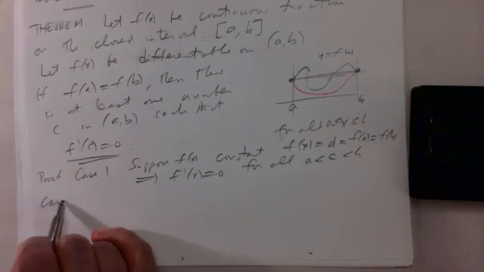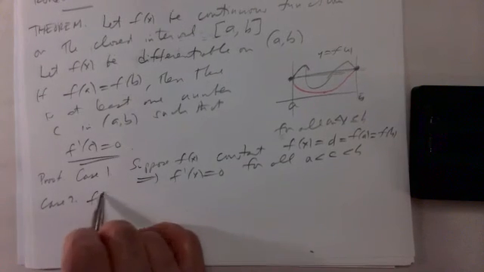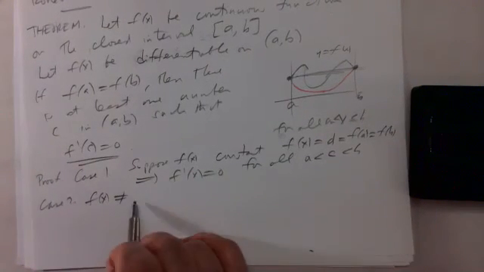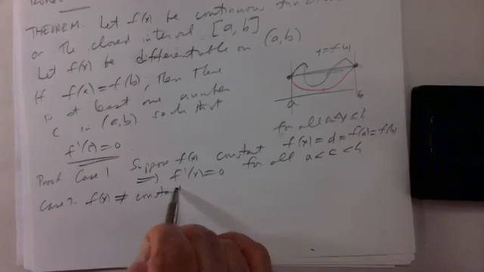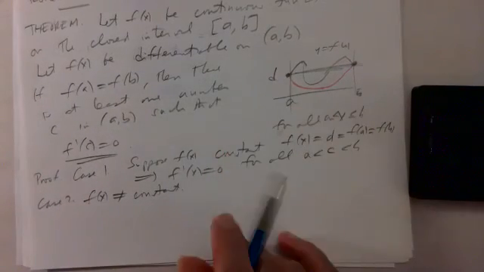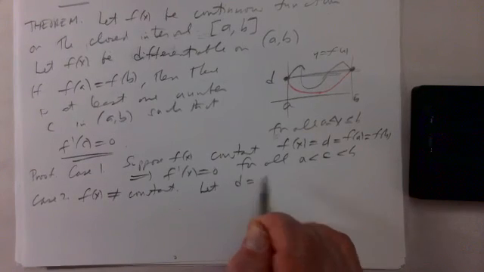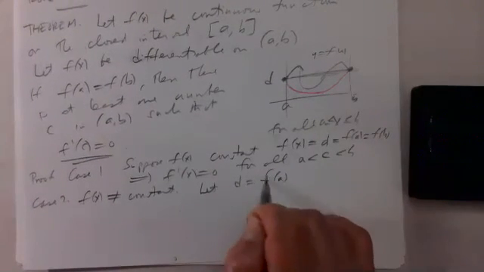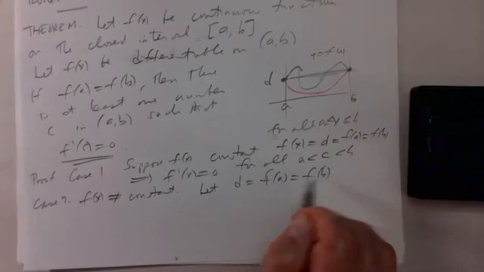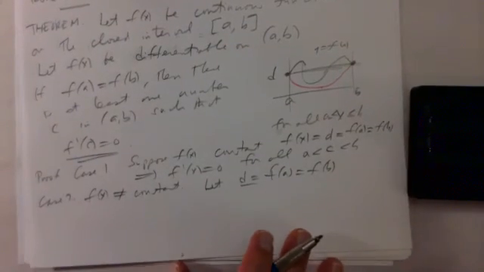In case 2, f of x is not constant. So suppose we let d be this number, the value of the function at the endpoints, which is equal. Let's just call it d.